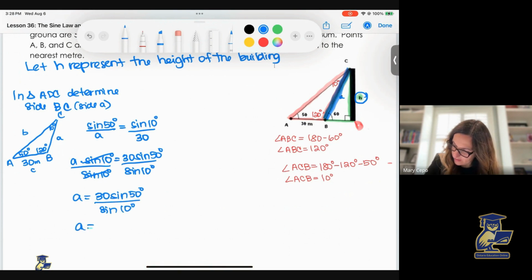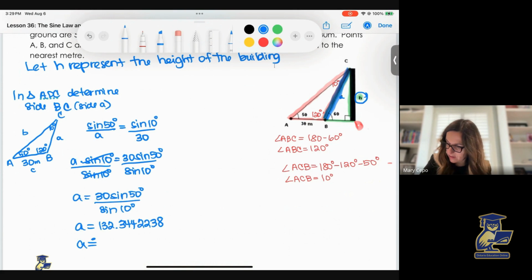And remember, keep that in brackets. We don't want calculation errors because we didn't put it into our calculators properly. So A is equal to 132.3442238. And because we're rounding to the nearest meter, A is about 132 meters.